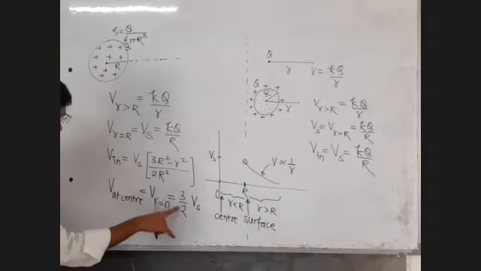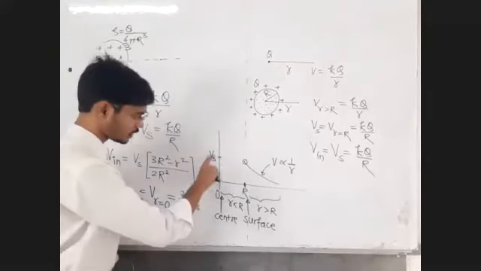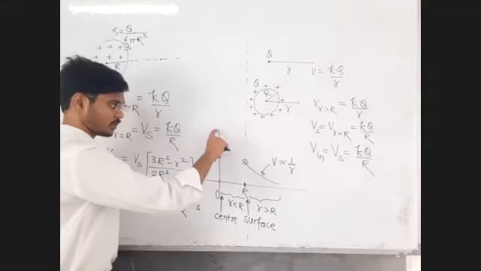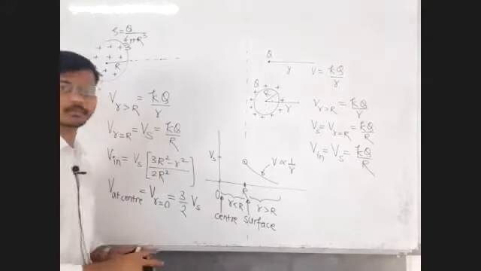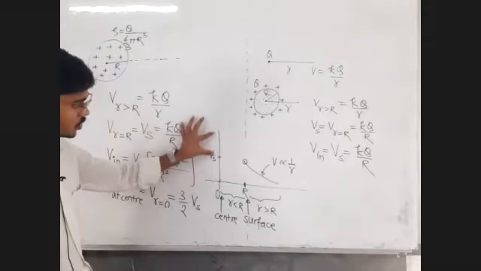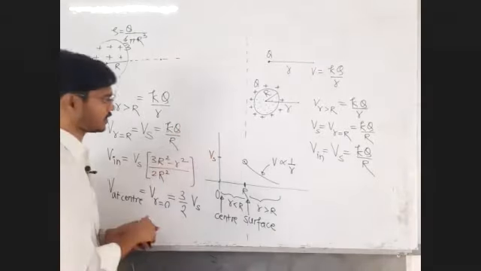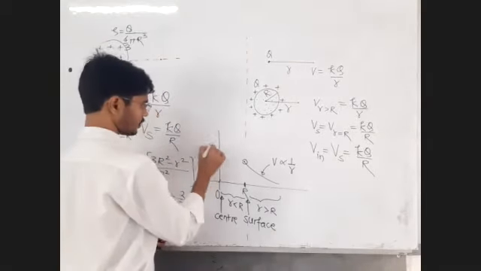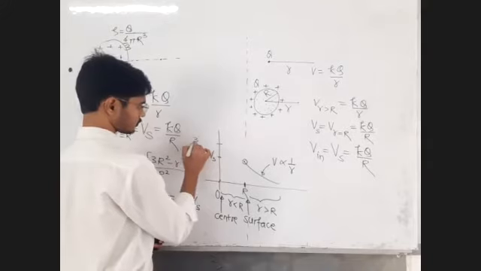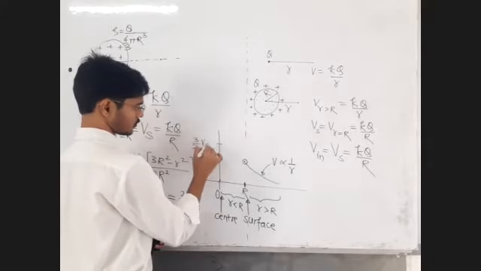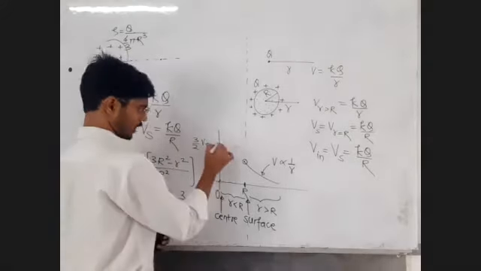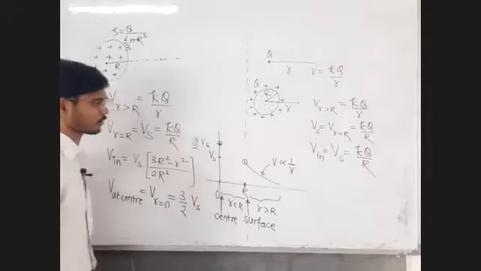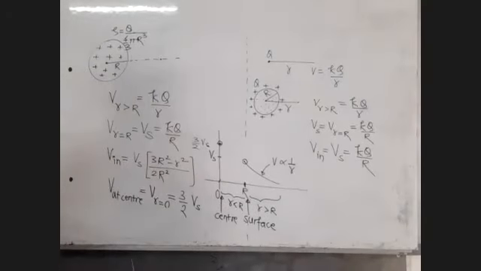Center potential is 3 by 2 times Vs. This is Vs. This is 2 times Vs. Here somewhere I will be having 3 by 2 times Vs. So at the center I will be having this potential.